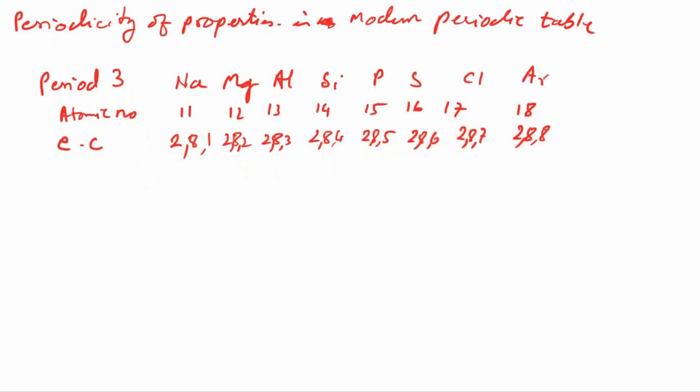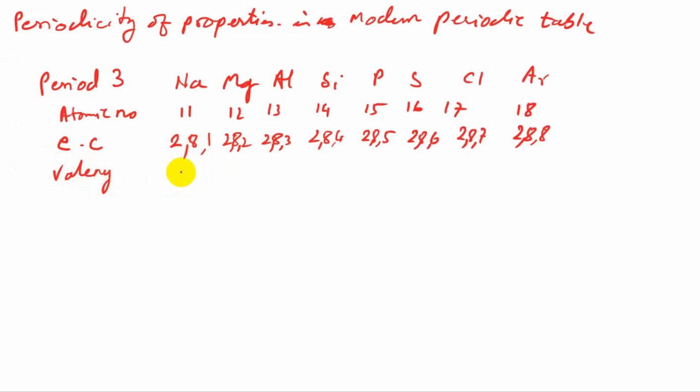Okay, the next one we'll take is valency. Valency is the number of electrons which are gained or lost.